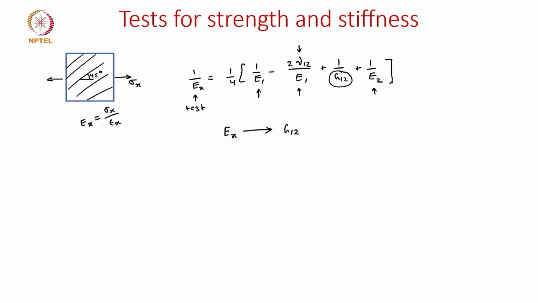Though people use this test, it's not the best test, because even in this condition there are some problems, meaning how we hold the specimen is important. If we look here, it's a generally orthotropic material, meaning there is extension shear coupling. When there is extension shear coupling and we apply, let's say, a uniaxial stress, then it's bound to have some shear.